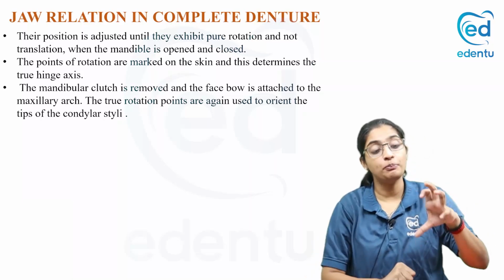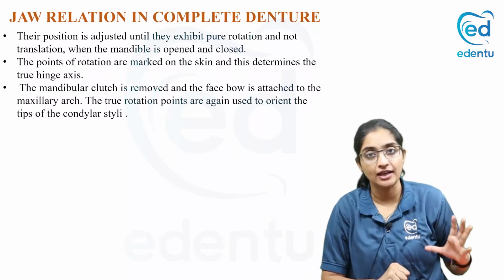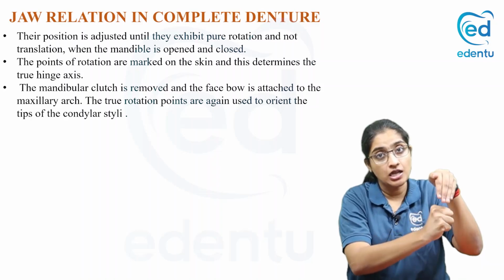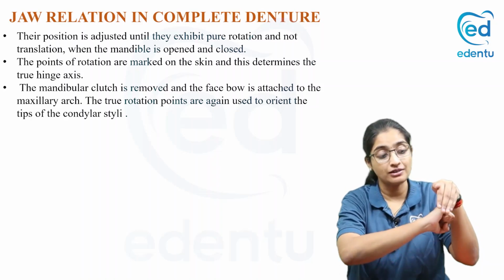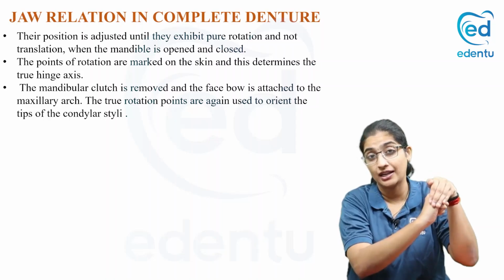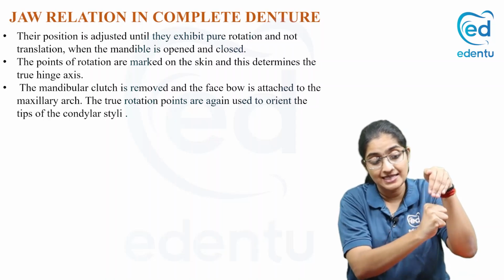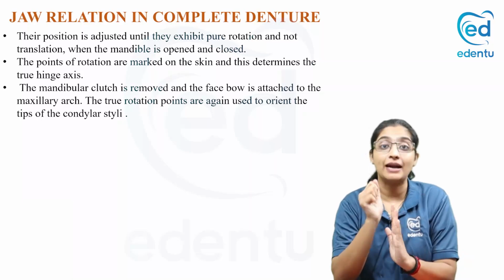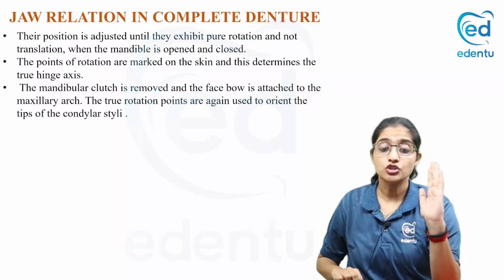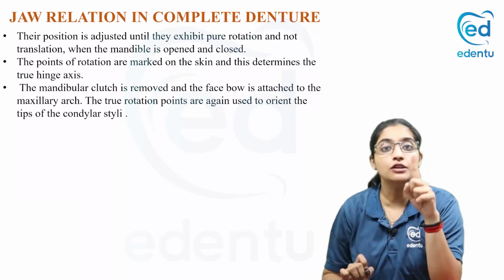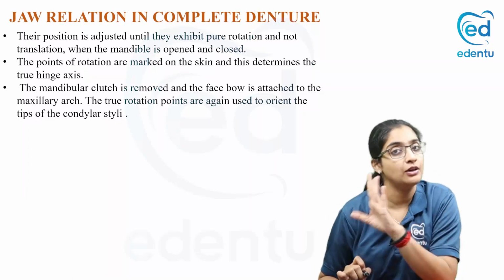When you open further beyond 8 millimeters, your condyles will start translating movements. That is, it hits at the articular eminence and slides down and your mouth opens. So that is your mandibular movement. Here we are recording that pattern till you get pure rotation and no translation.